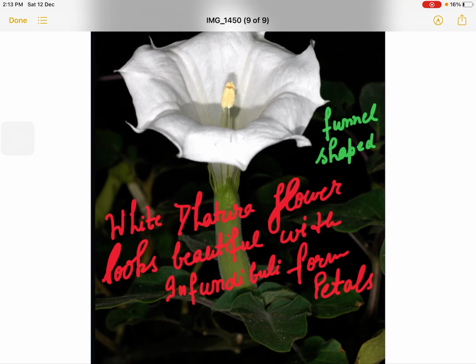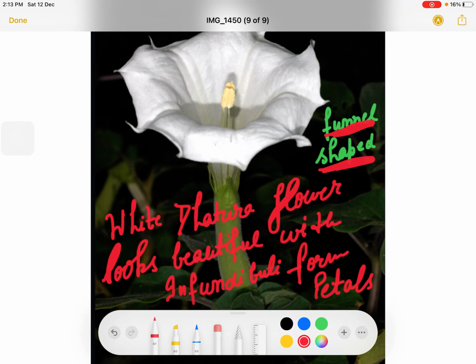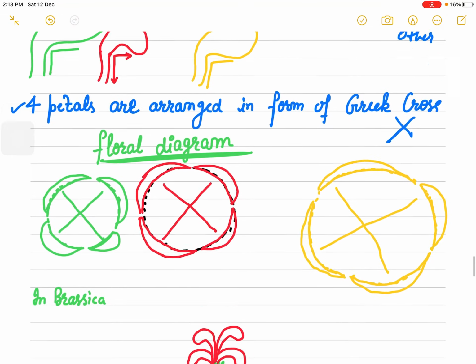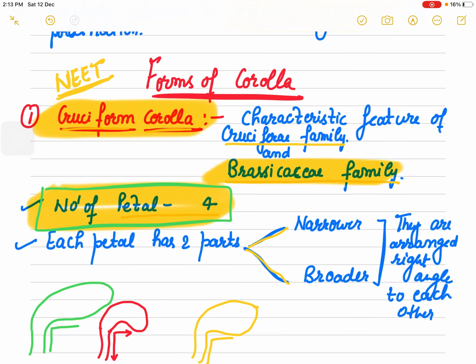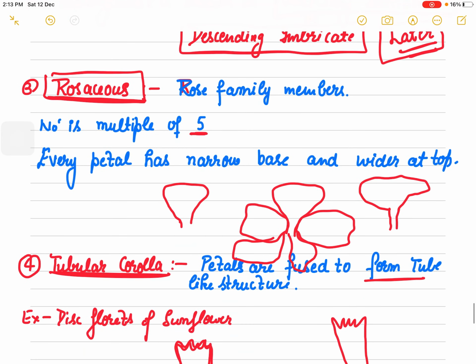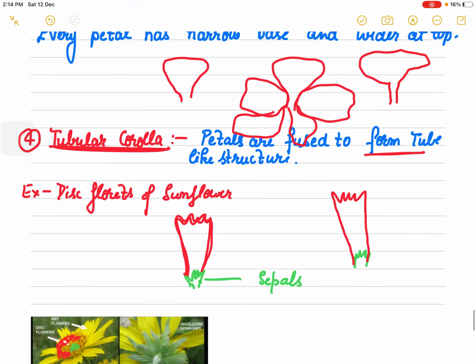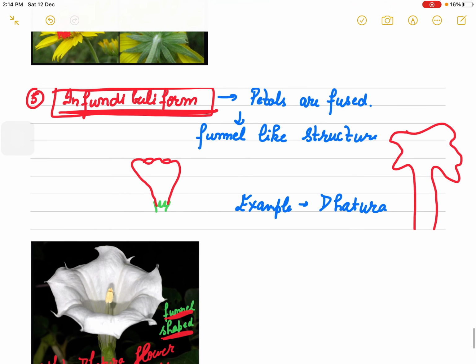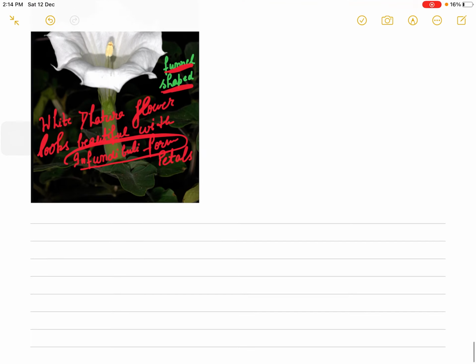You must have seen the Datura plant. In this, funnel shaped petals are observed, which is known as infundibuliform, right? So one is cruciform, observed in Brassica; papilionaceous in the Papilionaceae family; rose members have rosaceous corolla; tubular corolla in the disc flowers of sunflower; infundibuliform you can see in Datura.